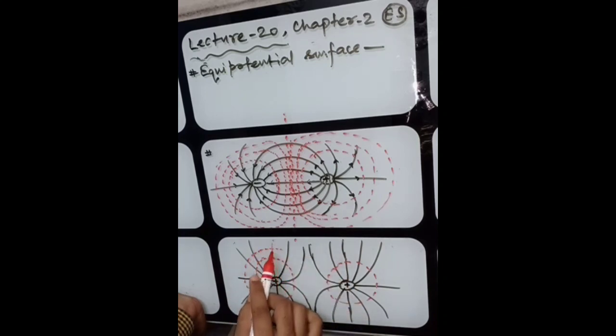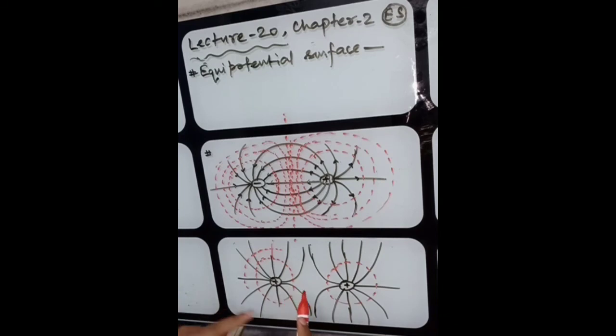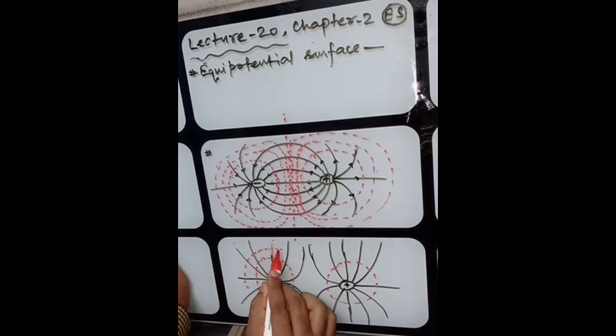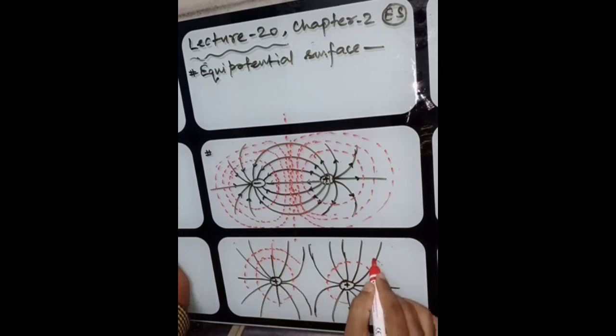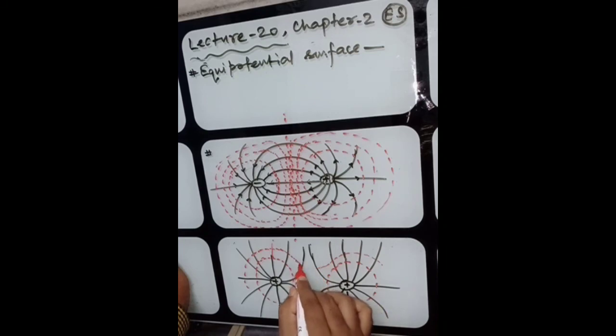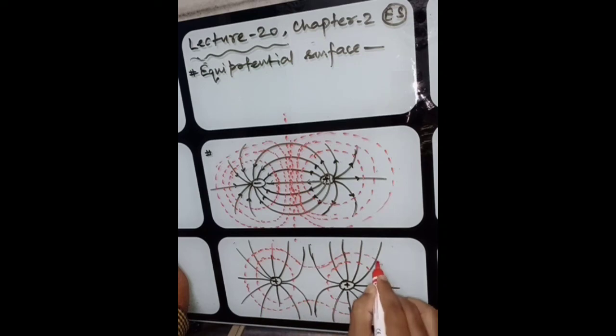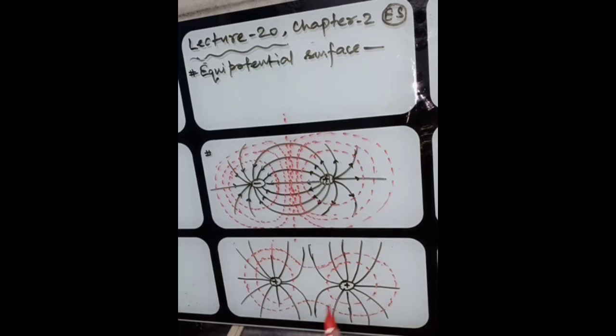But as we move closer, remember this line is not going to this one, so as the surface moves here it will go down, but over here it will go up. So whenever two equipotential surfaces come near, they never intersect, but they merge into each other, and it will look like this.